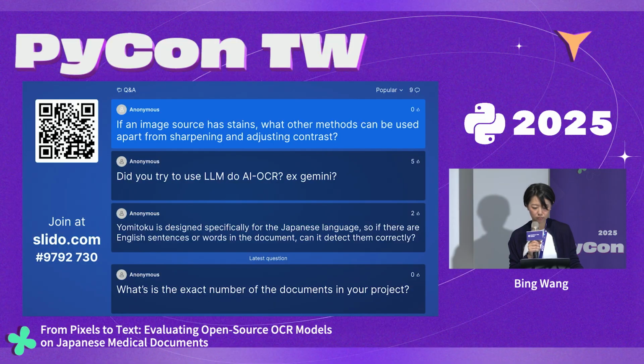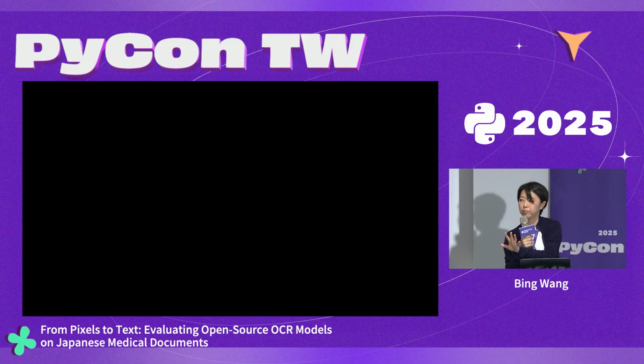If an image source has noise, what other methods can be used apart from sharpening and adjusting contrast? Mostly denoising will probably be one of the options. There are different kinds of noise due to different processing in the image. So if your images are processed in a similar way and tend to have similar kinds of noise, you might be able to find one denoise algorithm that works particularly well with your type of image.